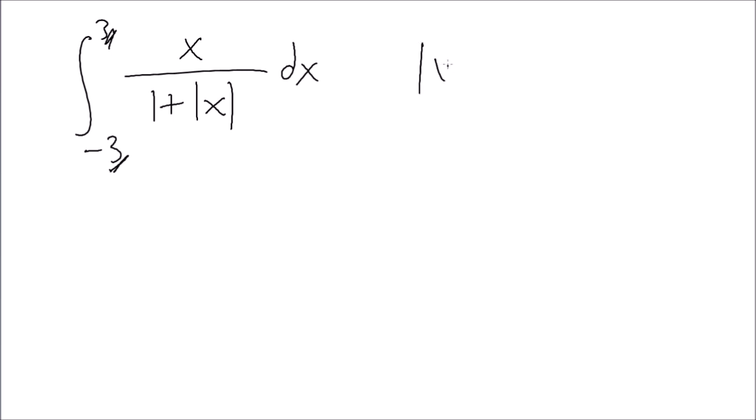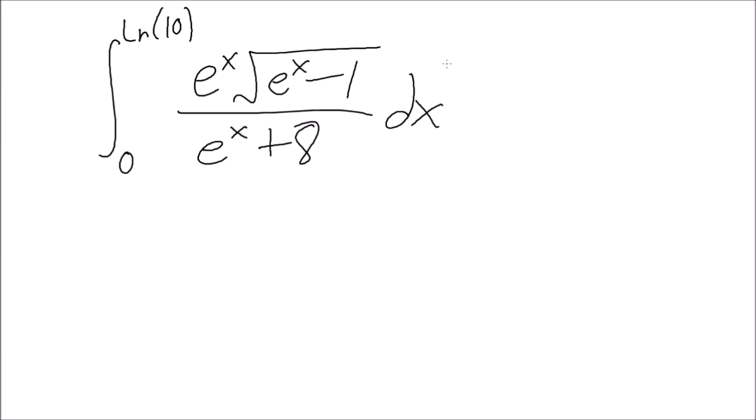Because the absolute value of x is an even function, and so now this whole thing is odd. So by symmetry, this is just equal to 0, and you're done. That's all it is. It's equal to 0.